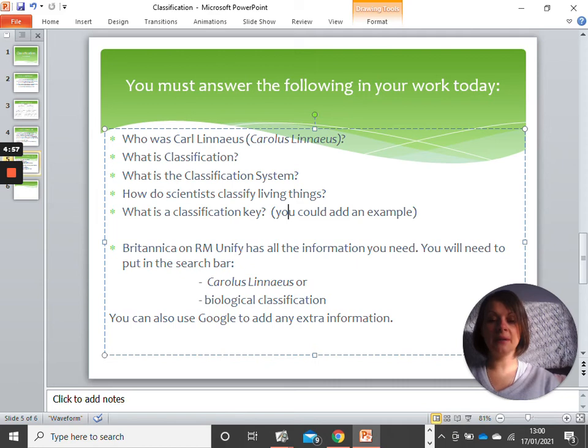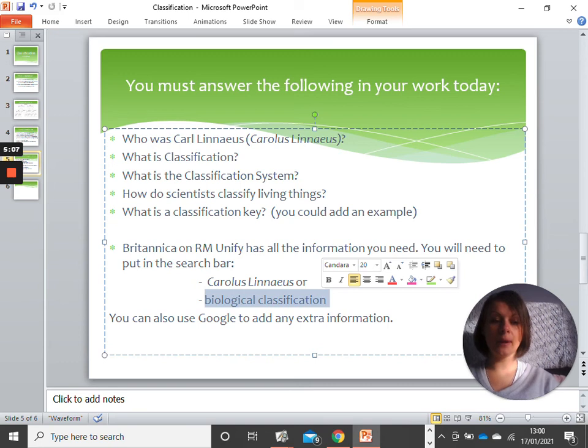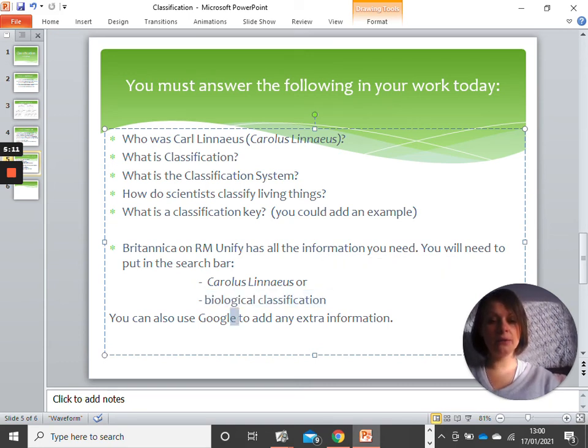You will have to put in the search bar Carolus Linnaeus, exactly as it is here, or biological classification, and that will bring up all the information you need. You can additionally use Google to add any extra information, or BBC Bitesize. Okay?